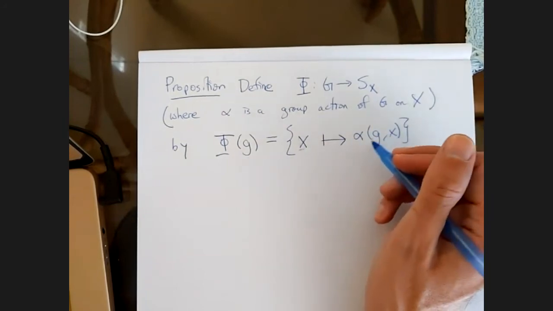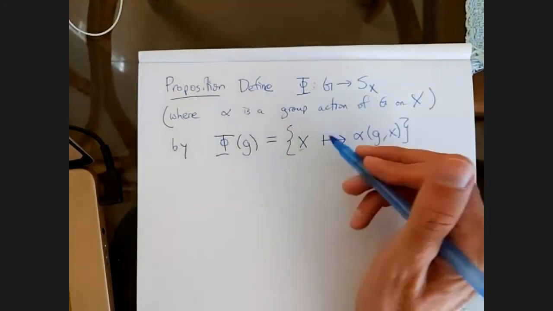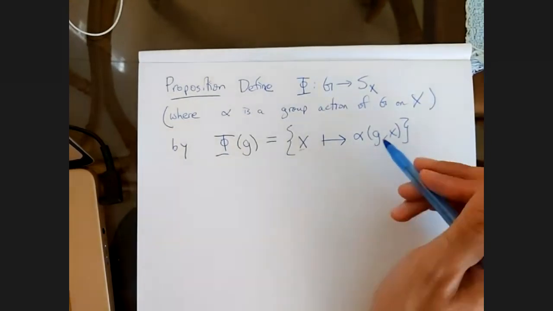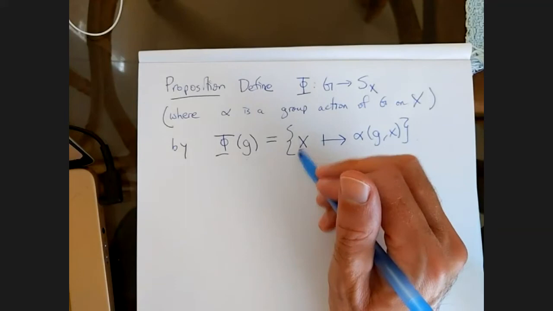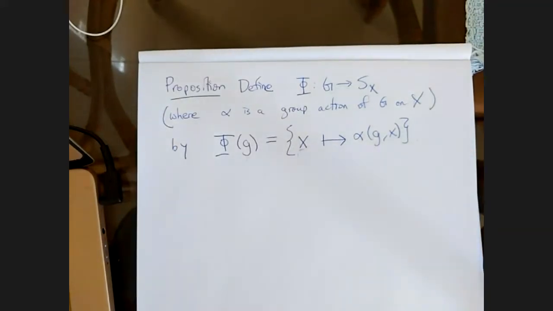Again for this particular G, it'll switch around all the elements of X somehow, and so we get a permutation.